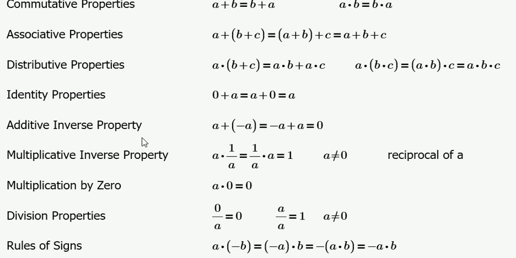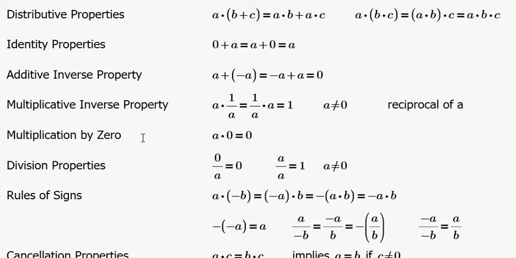The reciprocal of a is 1 by a. Multiplication by 0: any real number a times 0 equals 0. Division properties: 0 by a equals 0. A by a equals 1 if a is not equal to 0. And interestingly, any real number divided by 0 is not defined.